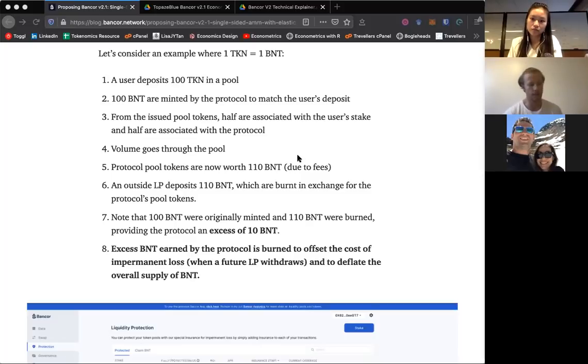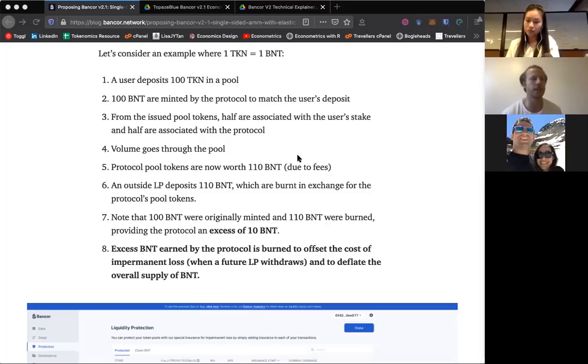So we should definitely get it clear up front that V2.1 is no longer using dynamic weights. It's using 50-50 weights that are fixed in the pools. And it's no longer using an external oracle. So those are two very clear breaks we've made with the original V2 design.